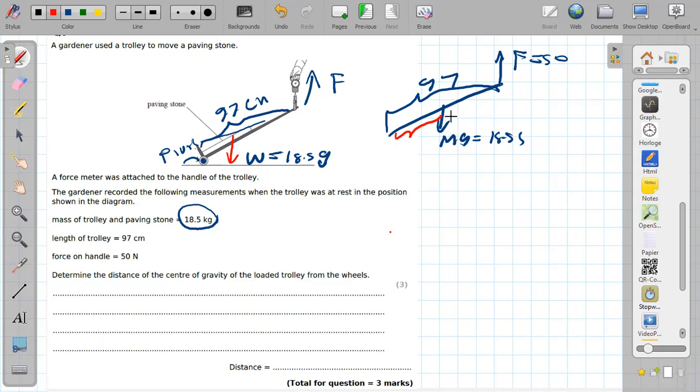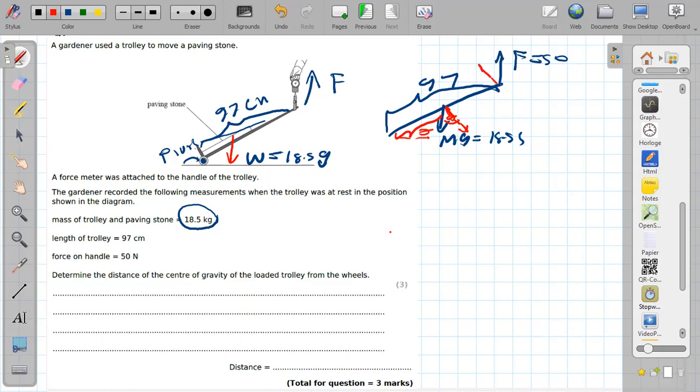Now we have to remember another thing. The forces should be perpendicular to the direction of application. So the shortest distance, this is what mg is here. If the angle is theta, the angle is not given, but it is the angle. This angle is also going to be theta.